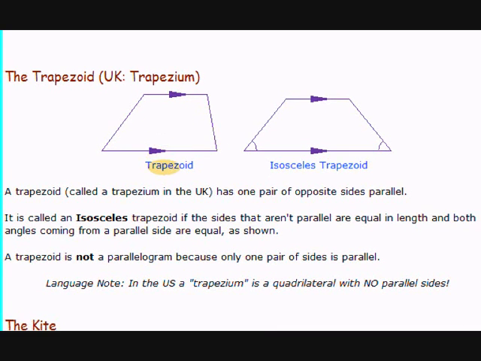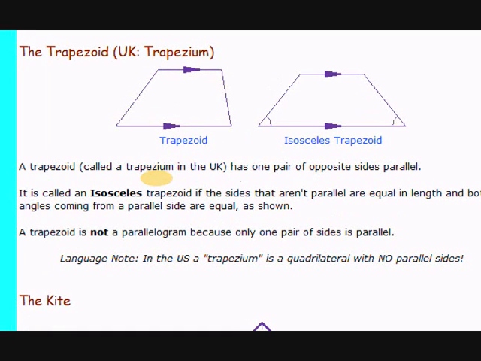Next one is the trapezoid or trapezium. Both are right. A trapezoid is called a trapezium. It has one pair of opposite sides parallel. Only one. These two are parallel. These two need not be parallel. Look, in this, only these two are parallel. These two are not parallel. But in the case of a parallelogram, all the opposite sides would be parallel, right?